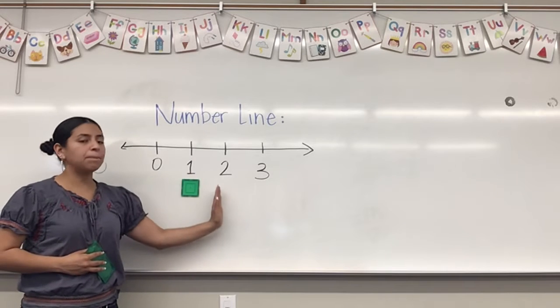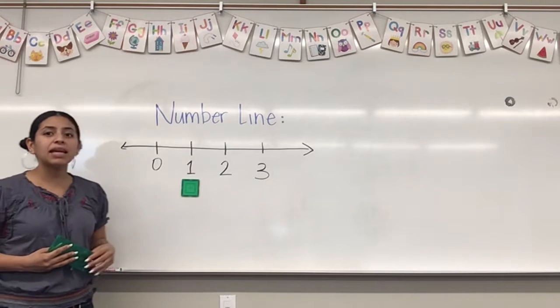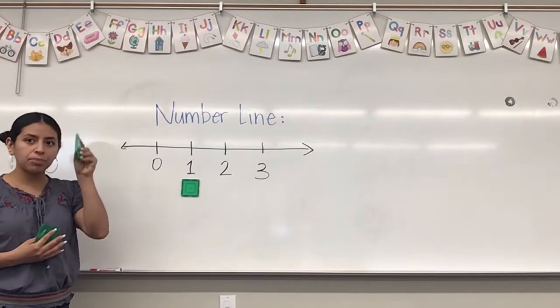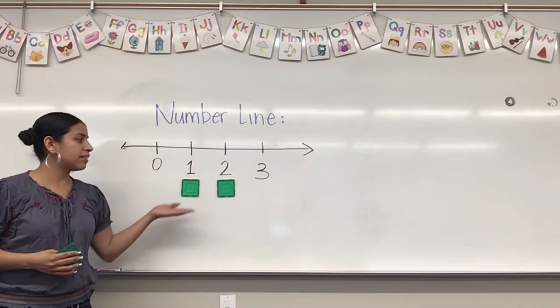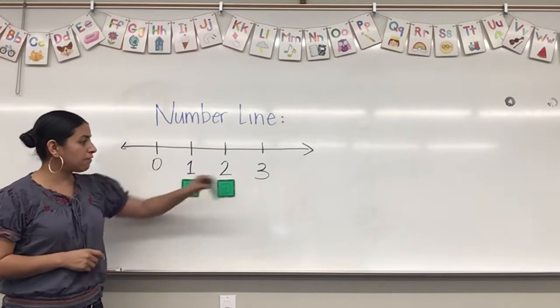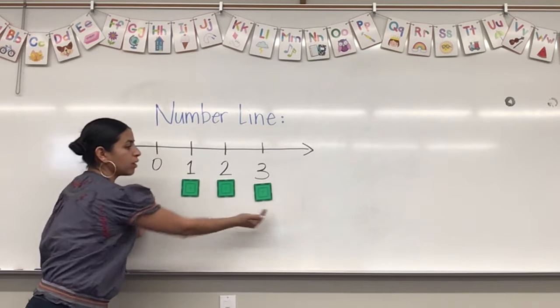And if I keep building, if I keep counting up to bigger numbers, I'm going to have a bigger quantity. I'm going to have more cubes. So now I'm going to put my 2nd cube on the number 2. And now you can see there is more squares. It's a bigger quantity. And if I put my last one, now there's even more. I counted all the way up to 3.